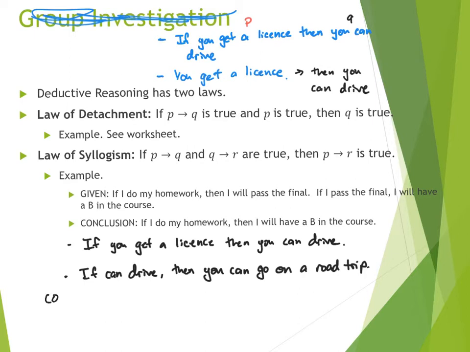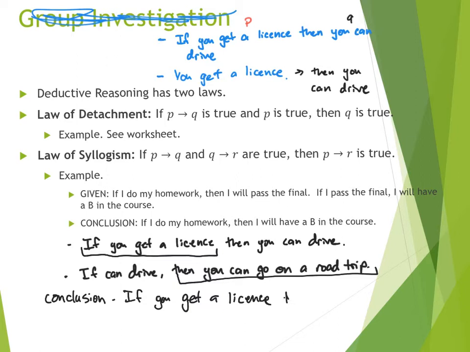Your conclusion would be, if you were to ask what conclusion can you make, the conclusion would be, if you get a license, then you can go on a road trip. Because of the law of syllogism, you can easily see that these two sentences, even though they're separate sentences, are connected because they both share this phrase, you can drive.